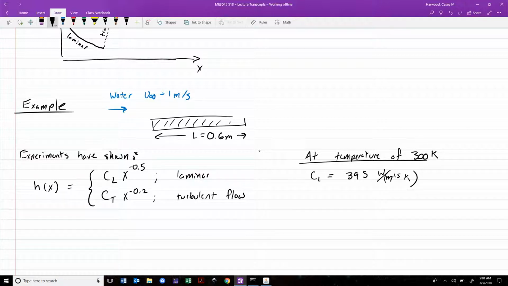This weird power on meters is because we have a weird power on x out here, so that the product of those two will give us the watts per meter squared Kelvin that we're looking for. C sub T is equal to 2330 watts per meter to the 1.8 Kelvin.